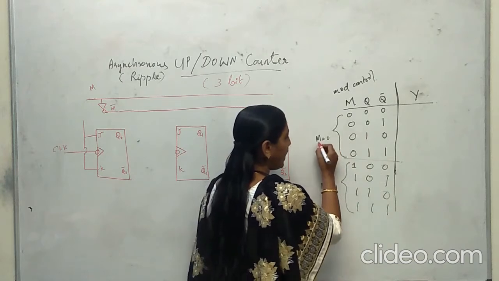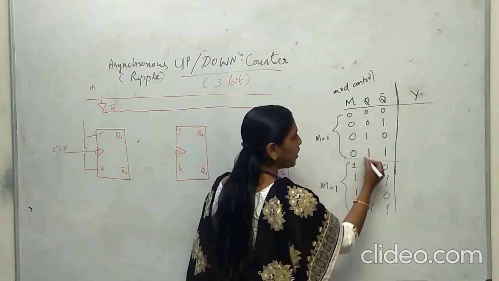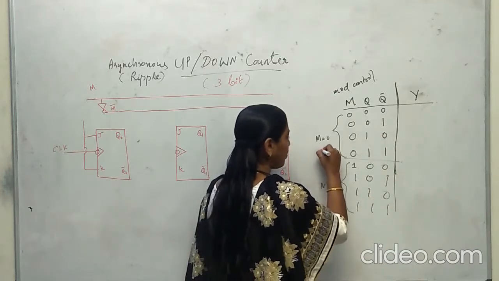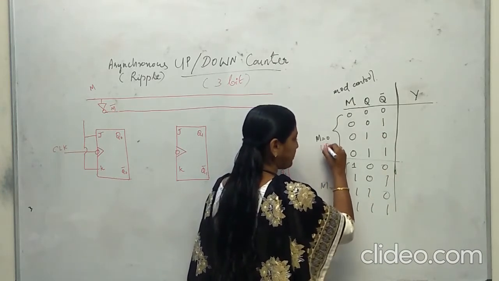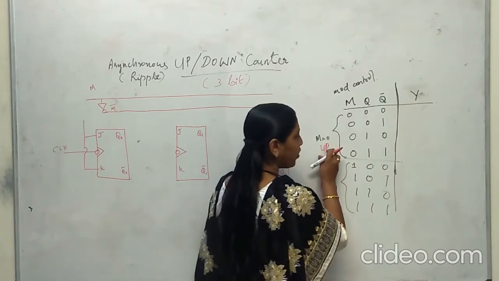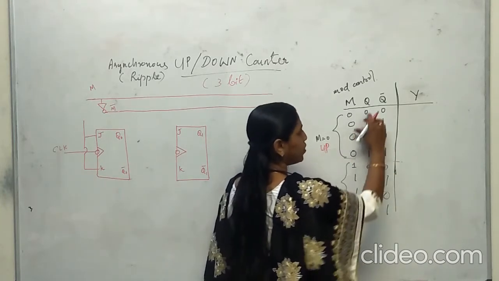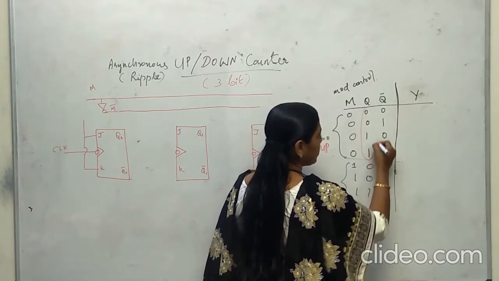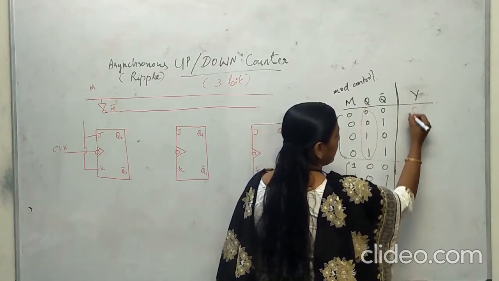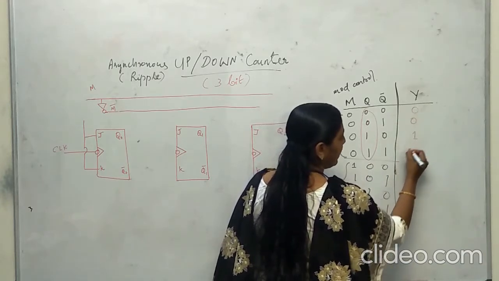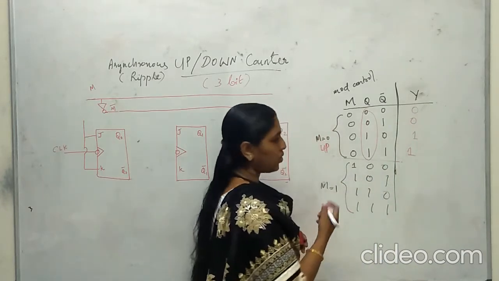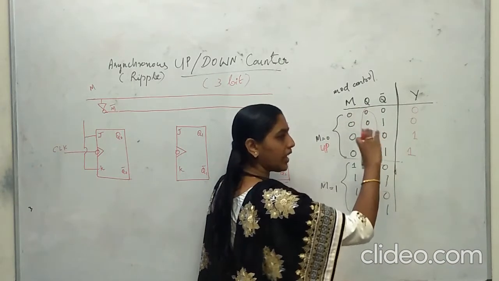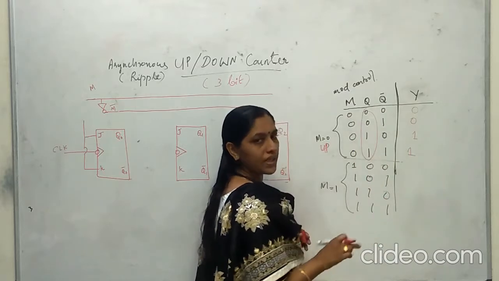So M is equal to 0 means up counting. If I want to count up, I have to choose Q as the next input. Q is 0 0 1 1. So if M is equal to 0, I have to connect Q to the clock of the next flip-flop.